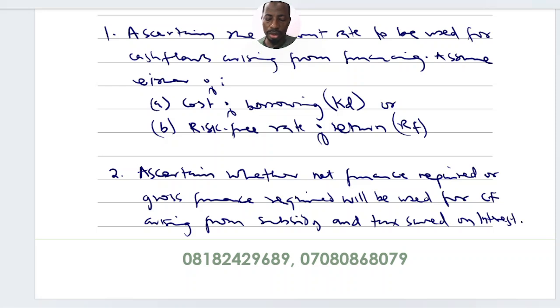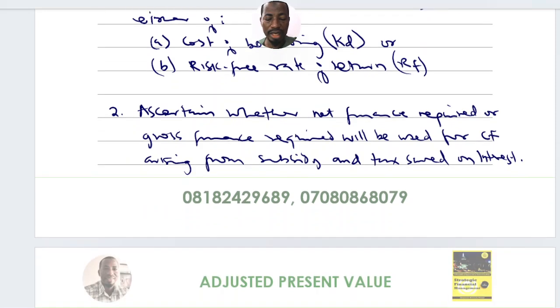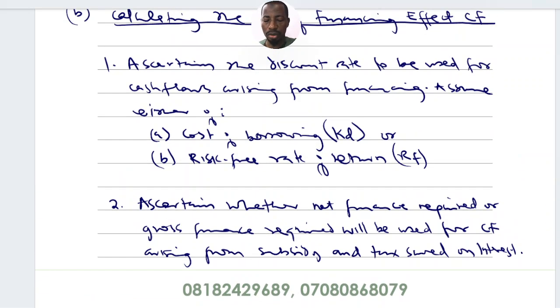So you need to ascertain this from the beginning before you begin to compute. Before you begin to compute the present value of financing effect, these two line items must be confirmed. Once you are done, in most cases, I will advise you always use the cost of borrowing as the discount rate for financing effect cash flow, because cost of borrowing is always higher than the risk-free rate of return.